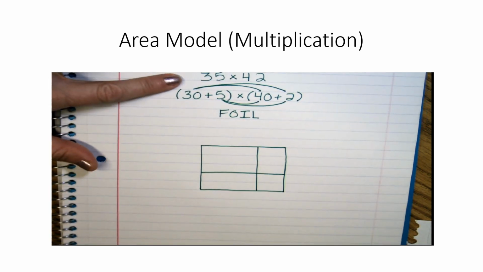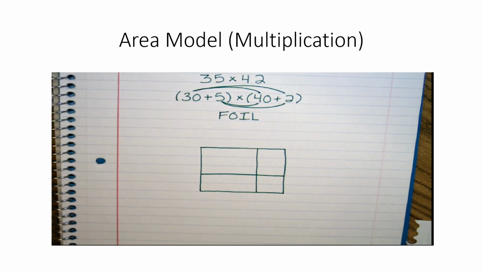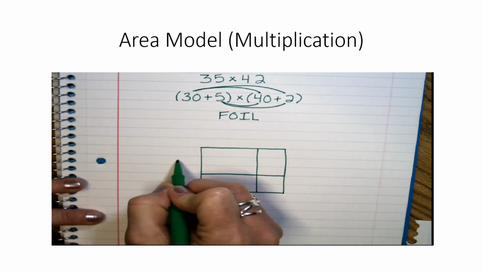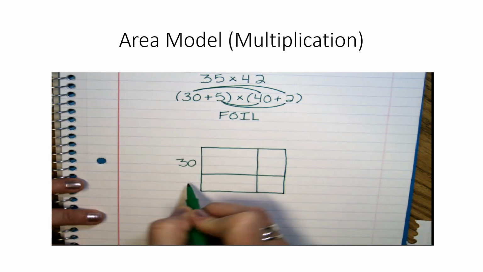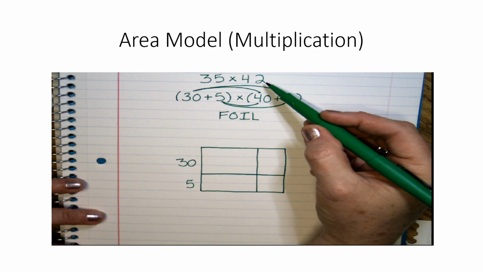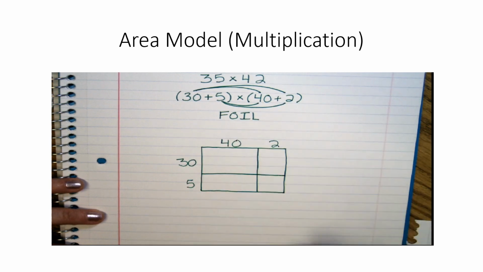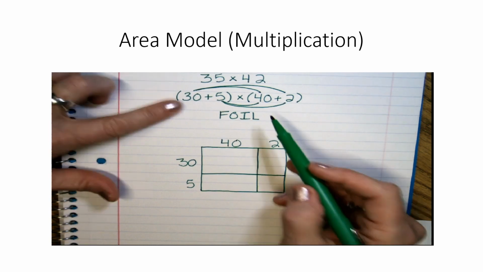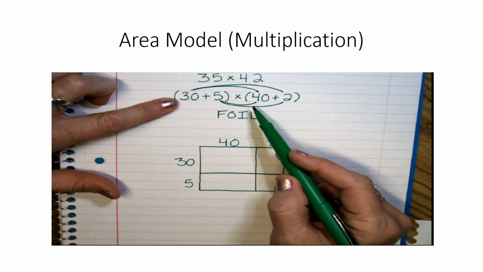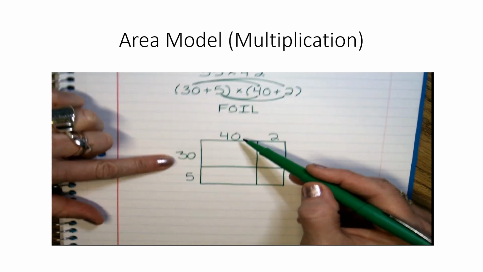So going back to our original problem, we're going to take the 35 and, using expanded form, break that into 30 plus 5. Then we're going to do the same with the 42. We're going to make that 40 plus 2. And then just like we used to use the distributive property or the FOIL method, we're going to use that same basic concept for our area model.